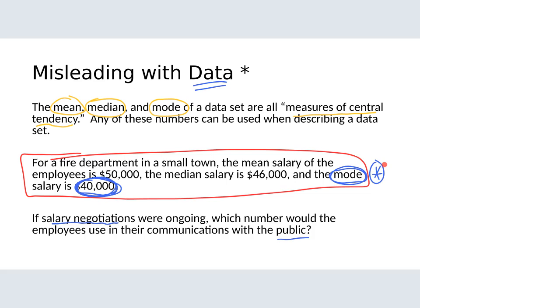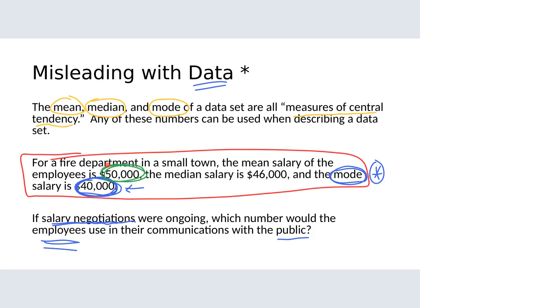If you see something similar to that on the quiz, don't overthink it. If you're in salary negotiations and you're the employees, you want to use the smallest possible number. If you were the fire department, the city council or the mayor would say, well, mean salary in this department is $50,000.